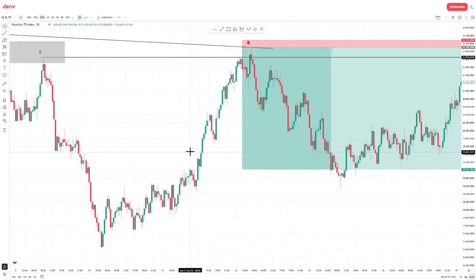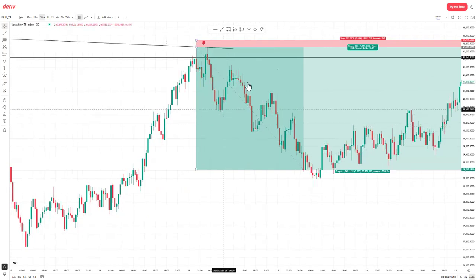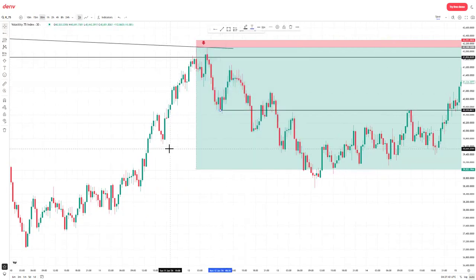Now, if you look closer here, the market gave you a number pair. The market gave you a support level, which is this one.